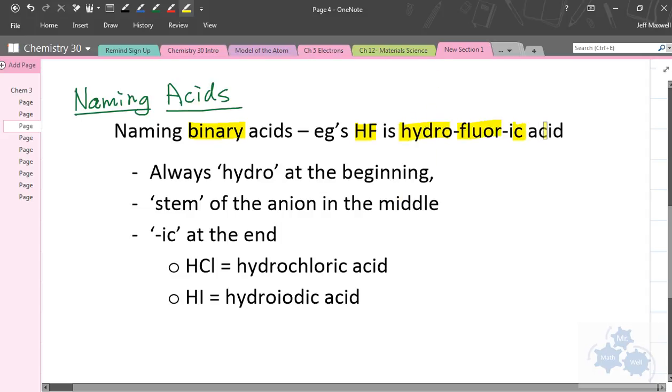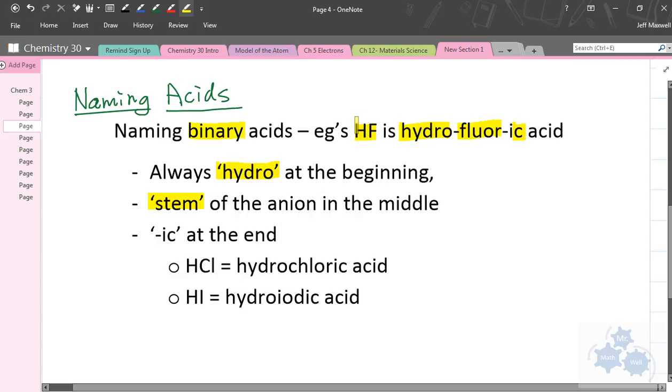hydrofluoric acid. And so binary acids always begin with hydro. They always have hydro at the beginning, and that's for the H. You can think of this H as hydro, hydrogen, hydro. The stem of the name is whatever the other element really is.